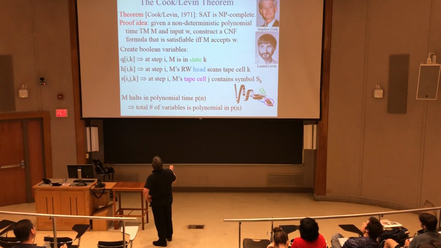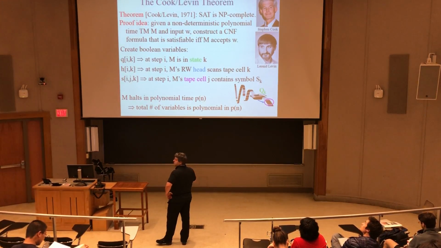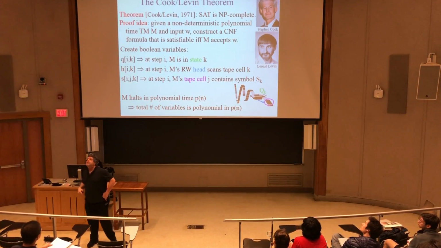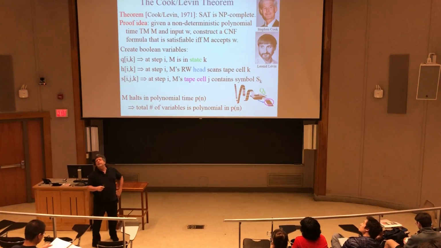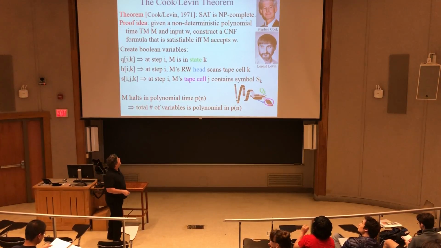At step i, which state the machine is in. At step i, which tape cell position the read-write head is pointing to. At step i, what the content of each tape cell is, which symbol from the alphabet is residing in that tape cell right now, and so on and so on.